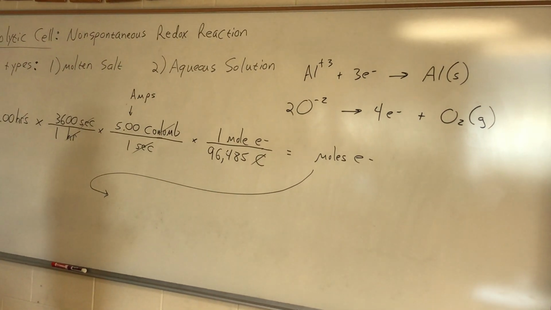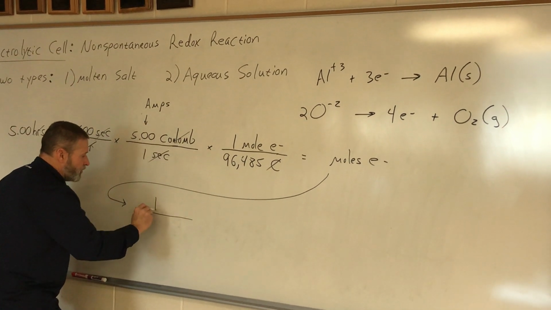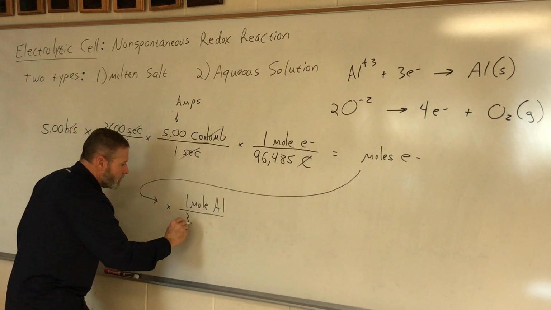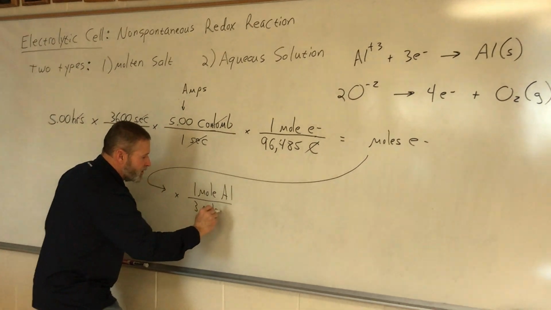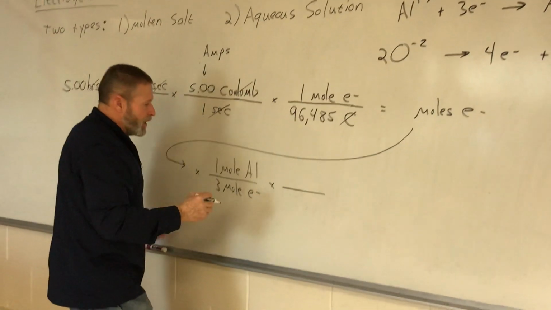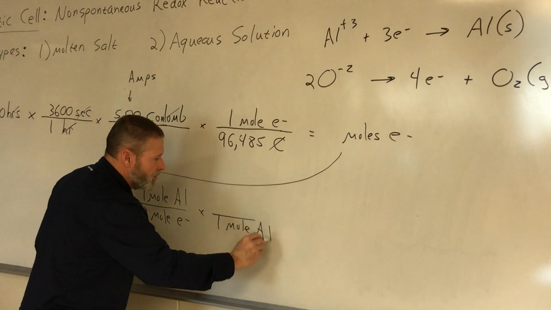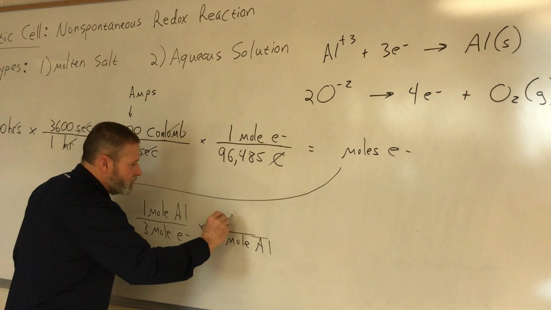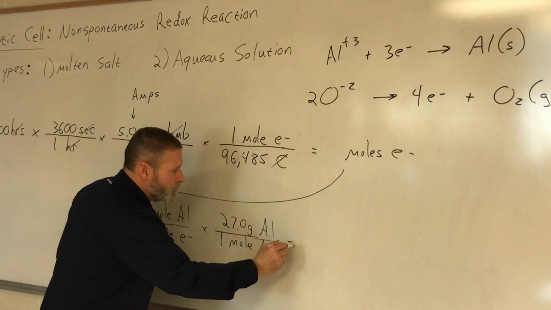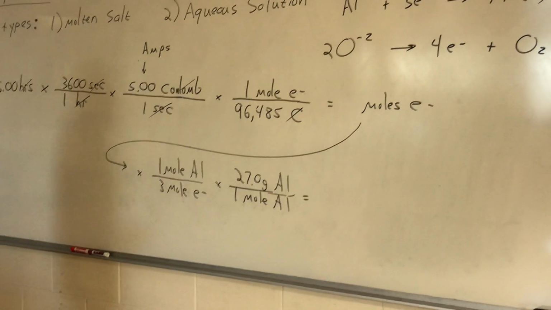And if I want to know the aluminum, for instance, I can say that for every 1 mole of aluminum, it requires 3 moles of electrons. And if I want to know grams, that's an easy conversion. Okay, that'll get us the number of grams of aluminum.